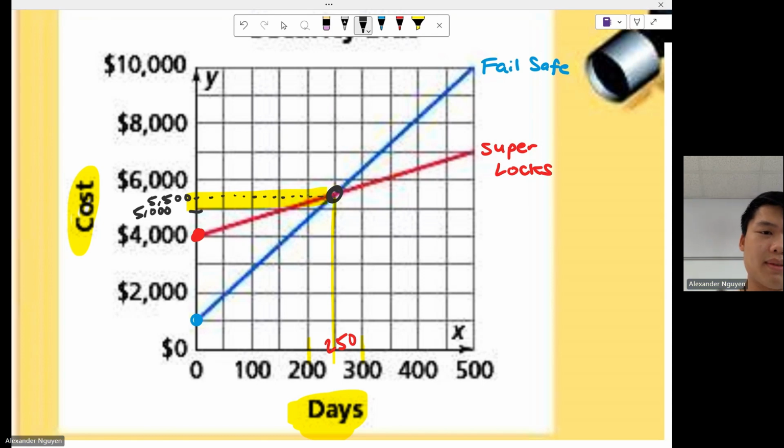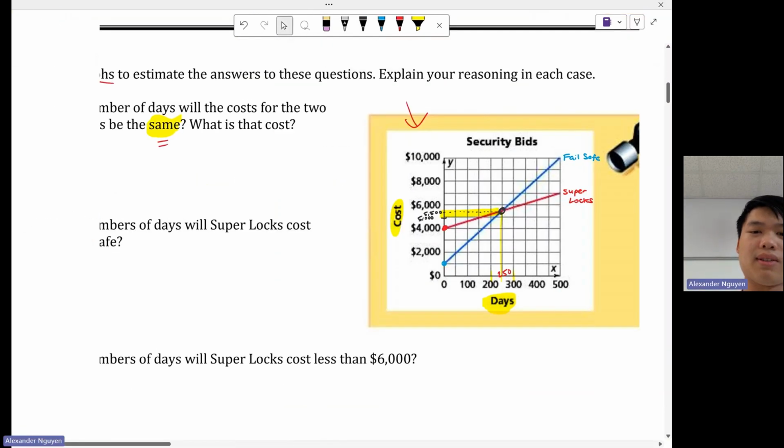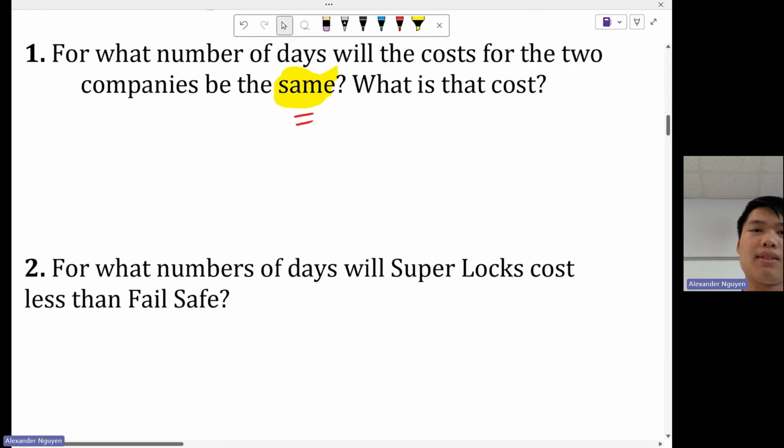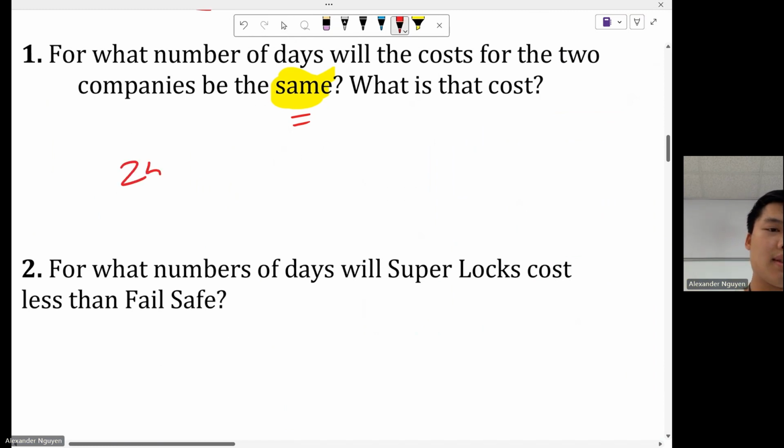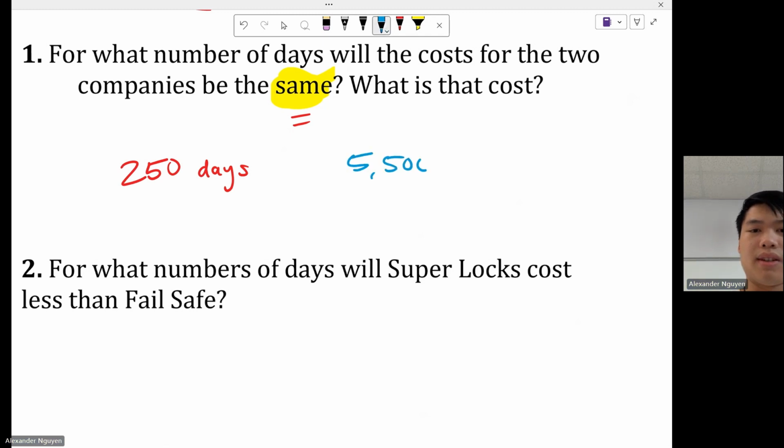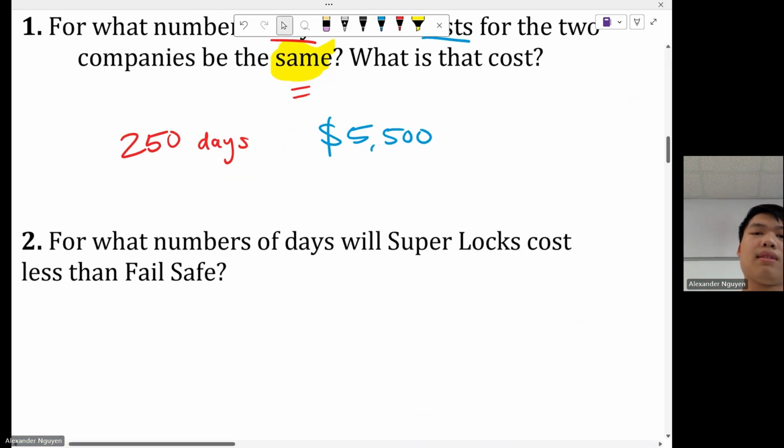Okay. $5,500. So 250 days, and $5,500 is the cost. Okay.